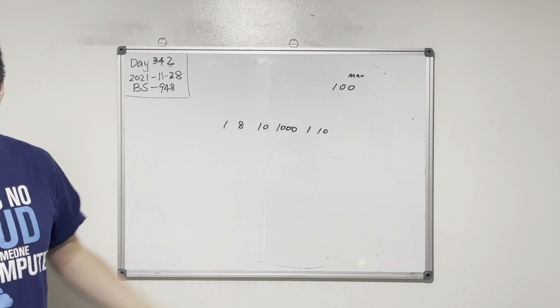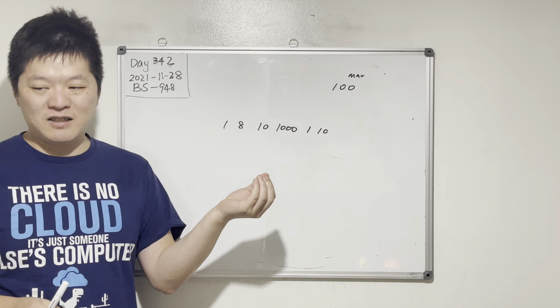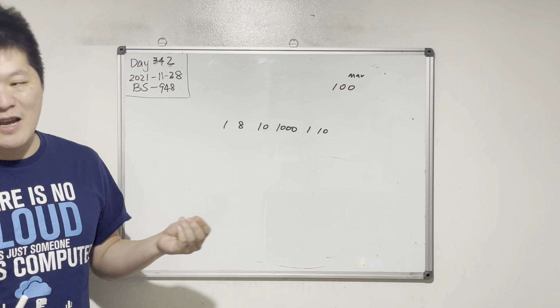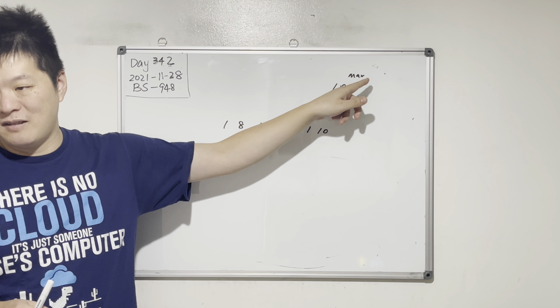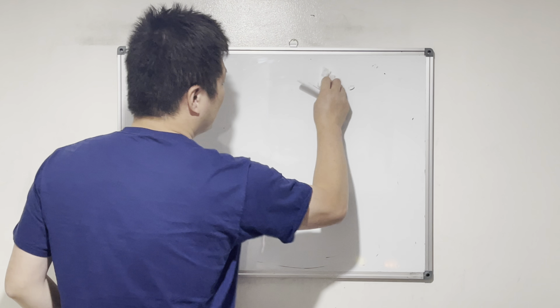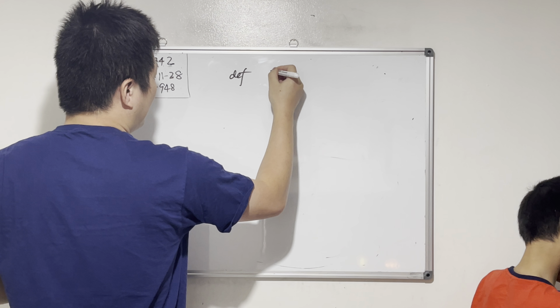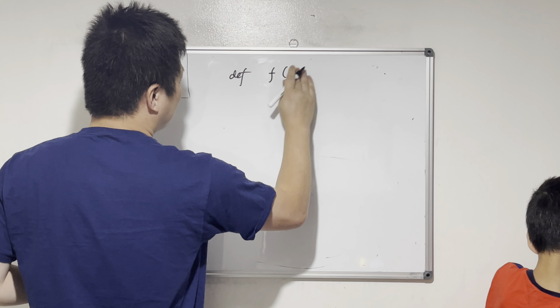Well done. So that's the way. We have a current counter. We accumulate as long as the current number is smaller than the upper bound. Define f, taking the numbers and the upper bound.